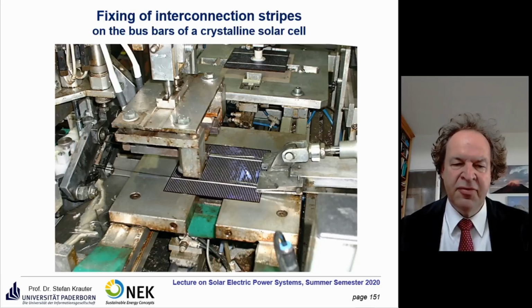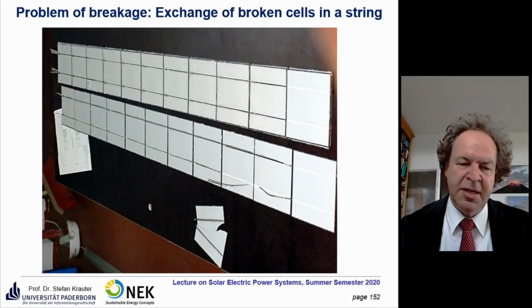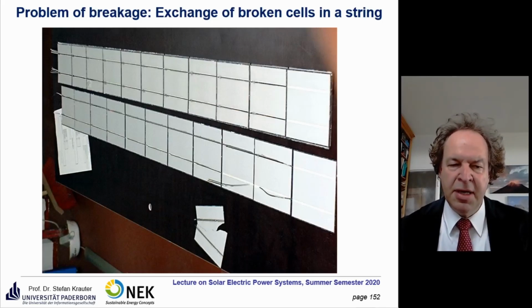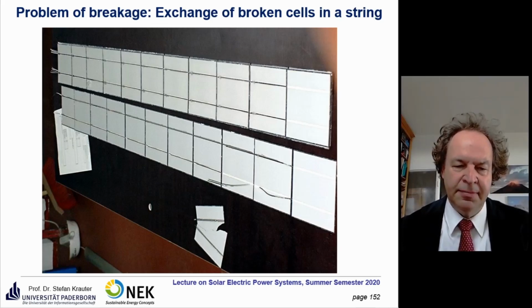Here you see the fixing of the interconnection stripes. And here sometimes, depending on the machine, there could also be some damage, so you always have to have replacements and so on. Even nowadays, that's often done manually.